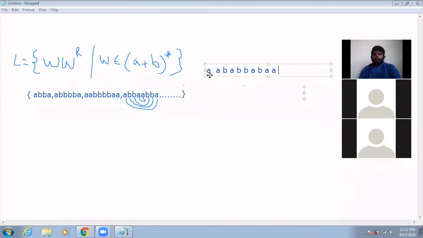Till now it is ABAB ABBA, and this is the string W. If you want to make it clear, this is the input tape. So this is our input string.